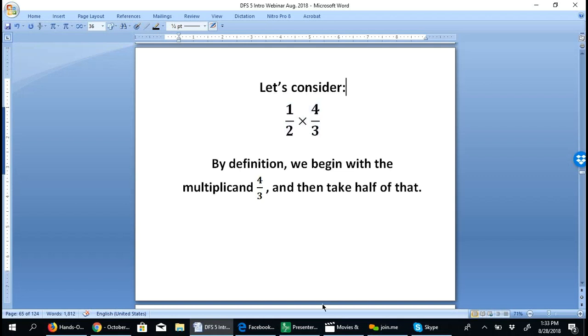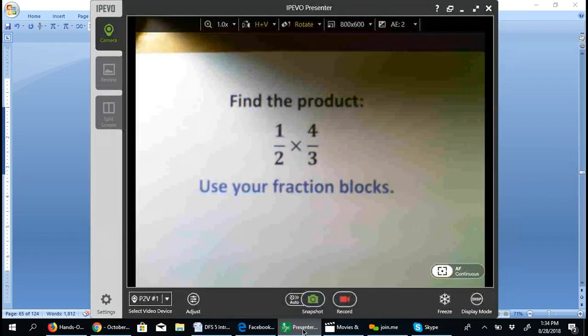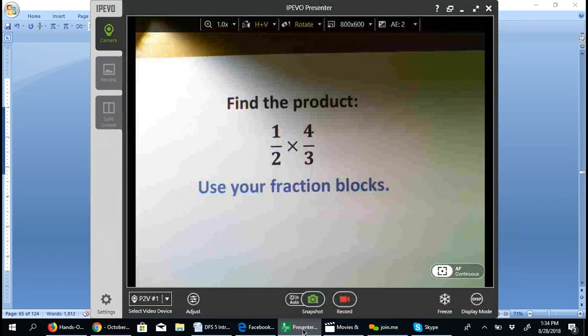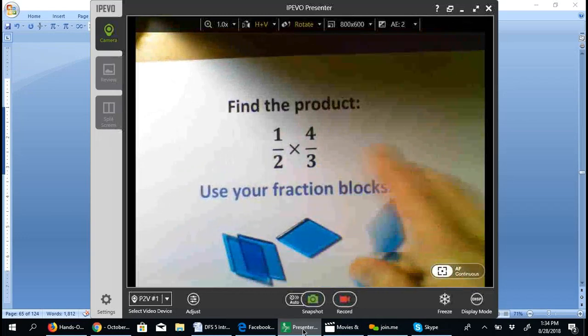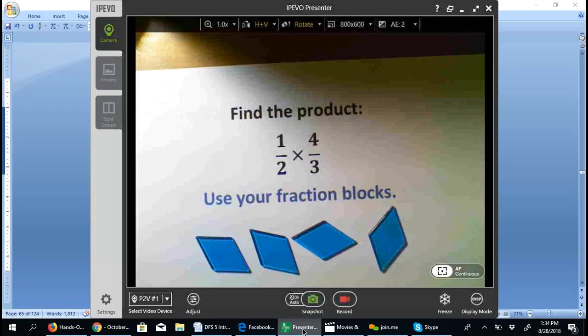They simply do the problem. Which is the multiplicand, 1/2 or 4/3? The multiplicand is 4/3, okay? So therefore, in order to do this problem, we have to begin with 4/3.